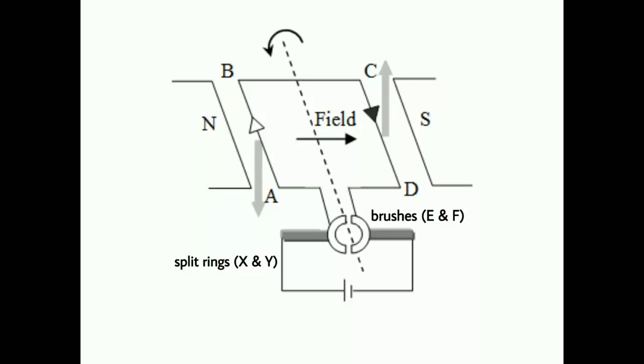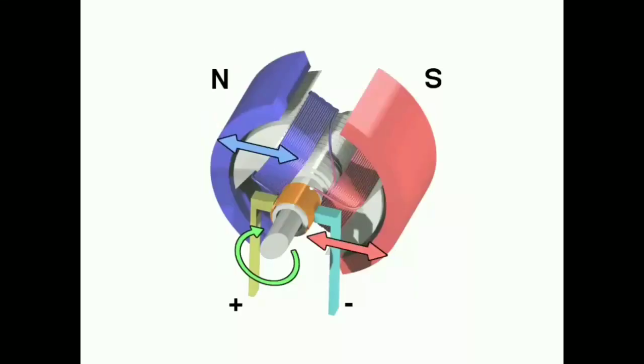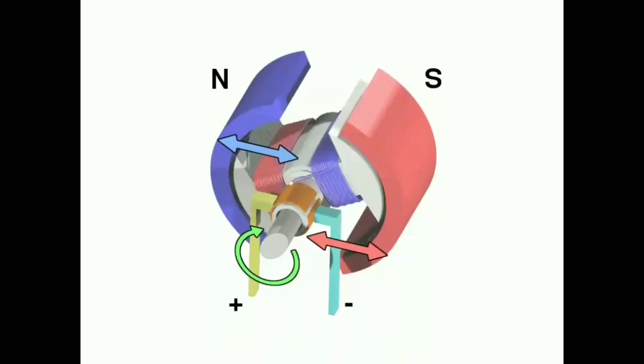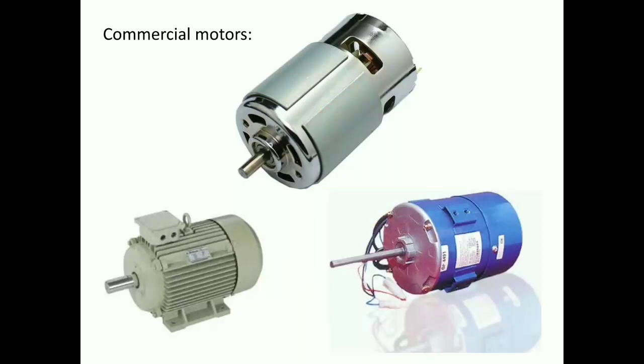Thus, the current in the loop is reversed after each half rotation, and the loop and the axle continue to rotate in the anti-clockwise direction. Commercial motors run on the same principle, but practically changes are made in their construction.